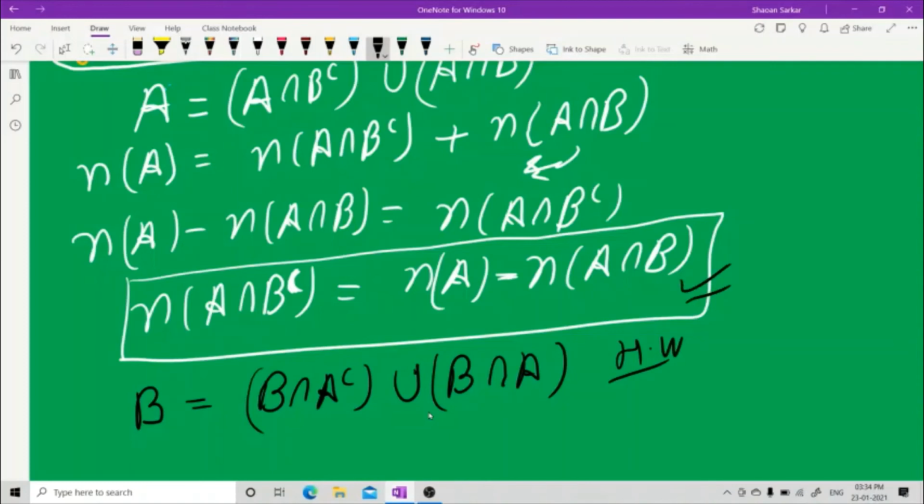What would be n B intersection A complement? Just the way I did the above one, you have to do it this way.